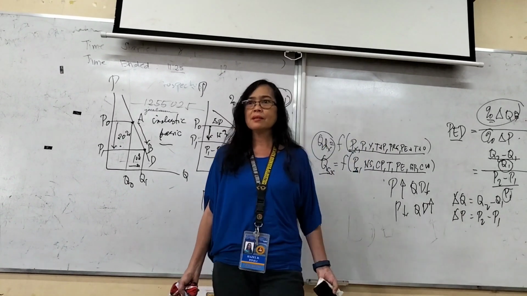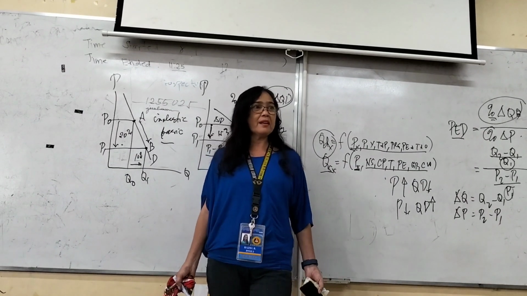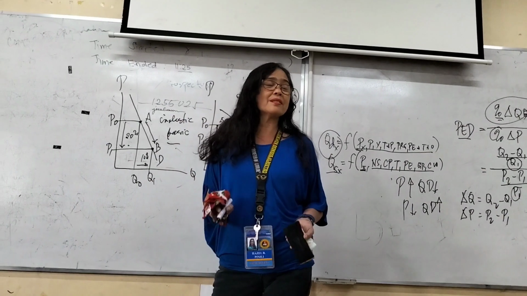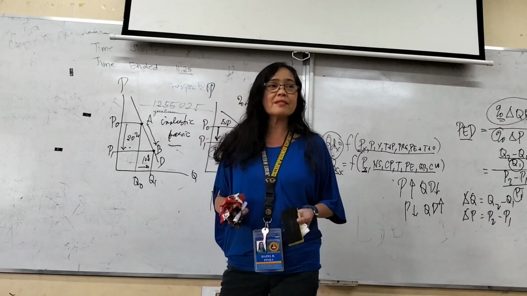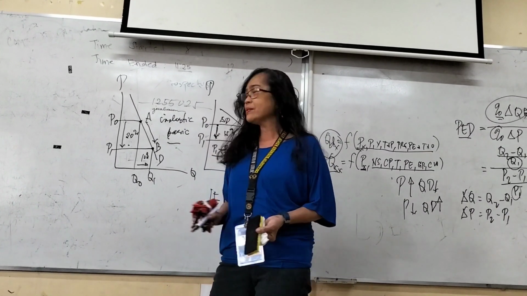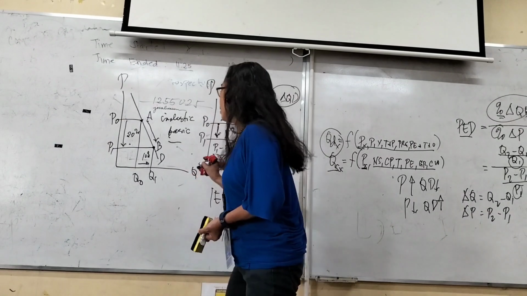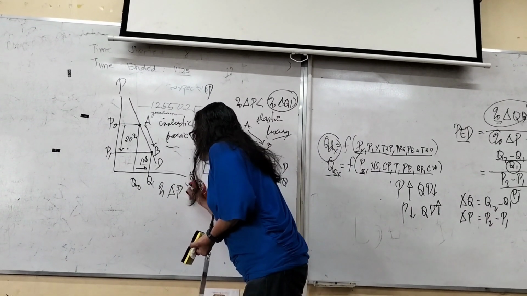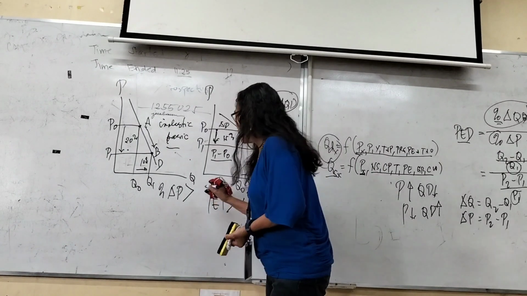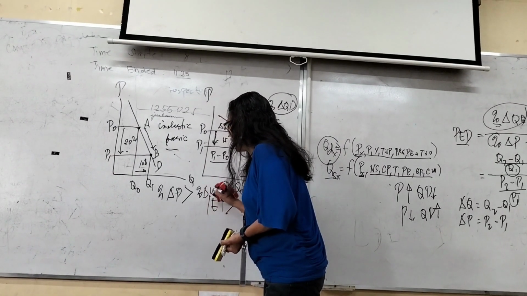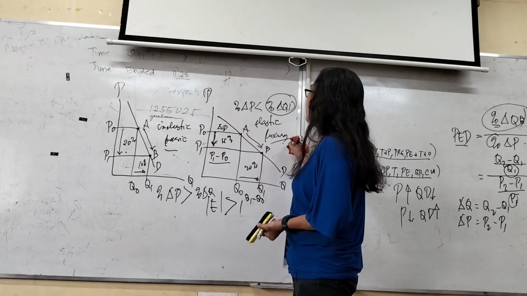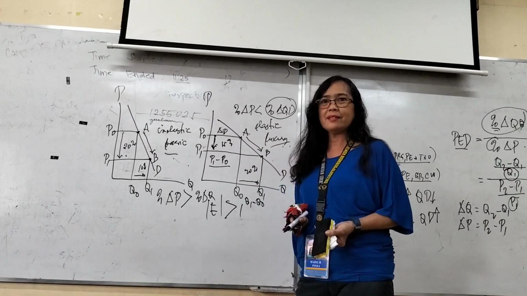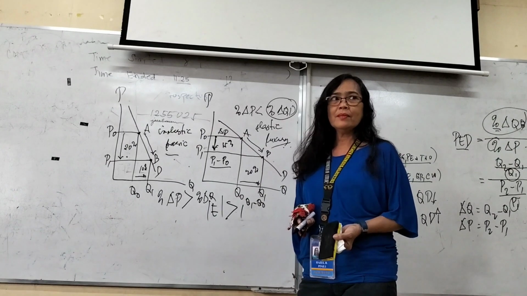But we cannot deprive ourselves from eating rice. That's why it is inelastic. The buyers are not sensitive to the price change because these are basic. So the percentage change in price is greater than the percentage change in the quantity. Unlike here, the percentage change in price is less than the percentage change in quantity. Get it?